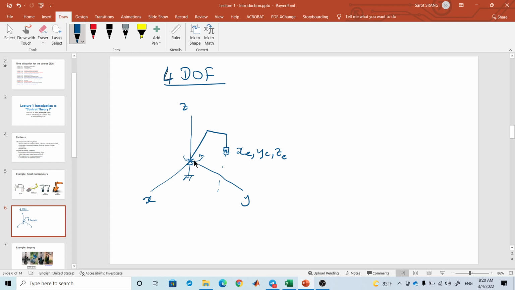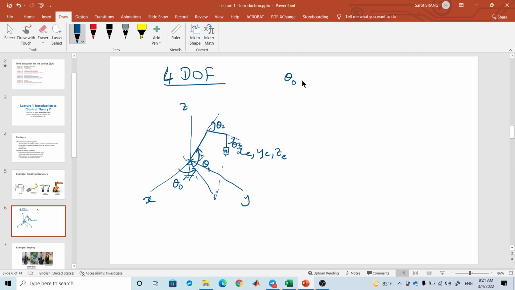Based on this coordinate, you can compute the angle called theta 0, and then you can compute this angle theta 1, and you can compute this angle theta 2, and you can compute this angle theta 3.